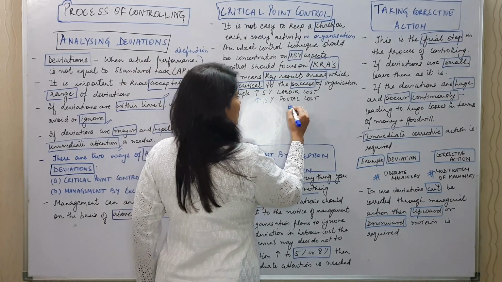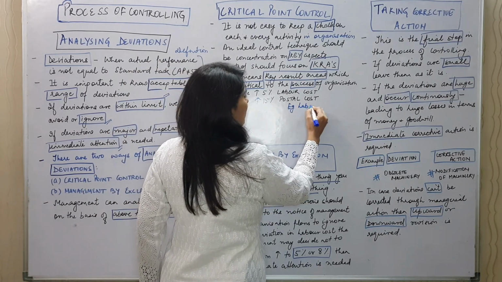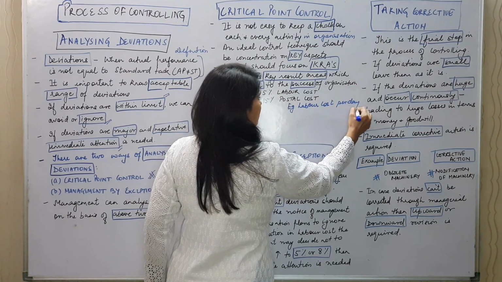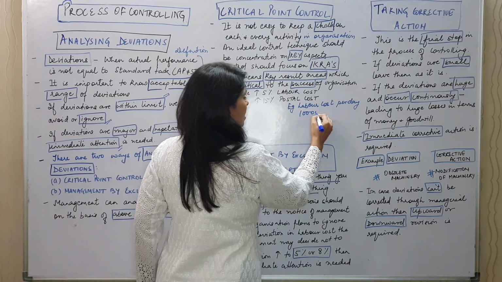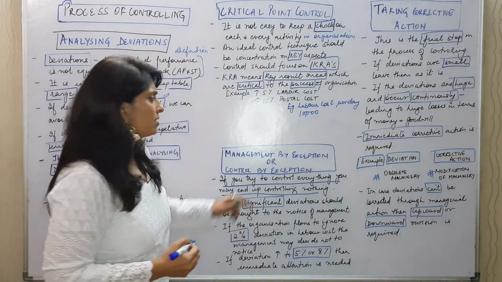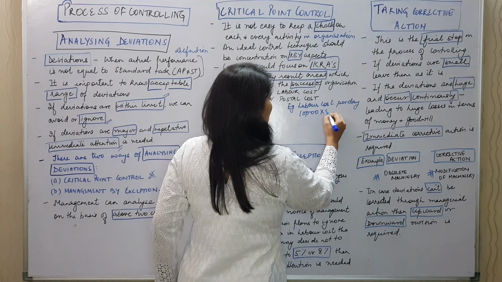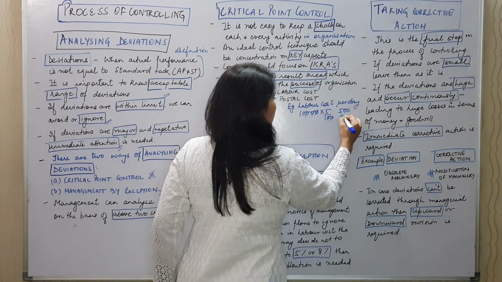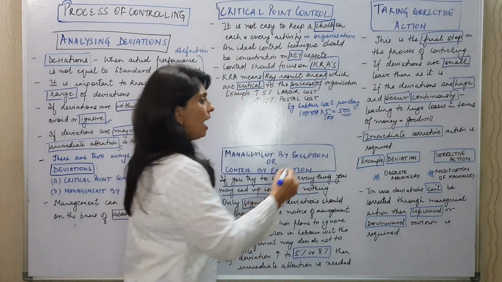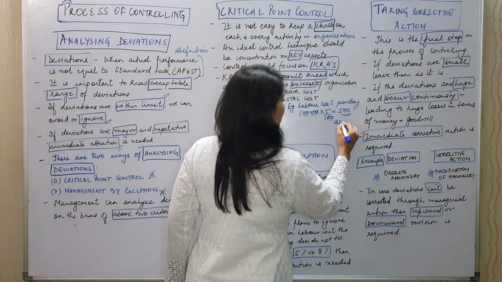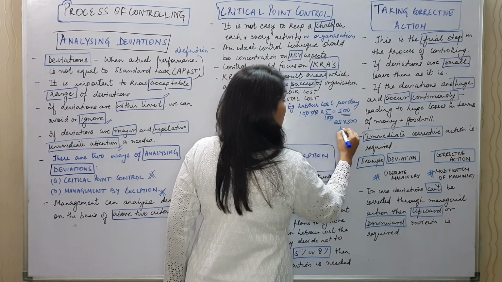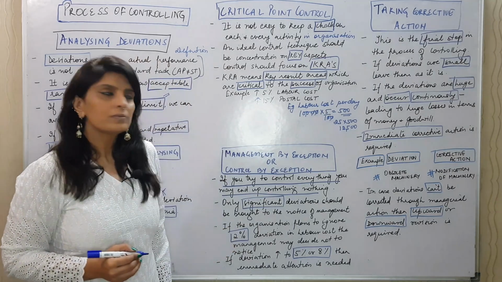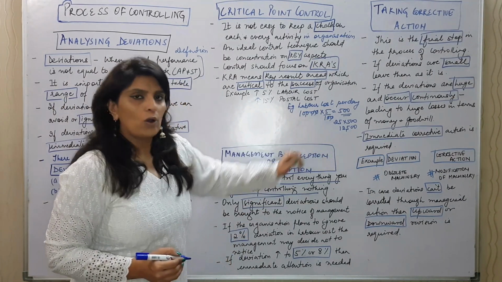So how do we explain this example? Suppose your labor cost per day is 10,000 rupees, and if it increases by 5%, that makes it 500 rupees, right? And if you have 25 working days, 25 into 500 makes it 12,500. This is the labor cost.